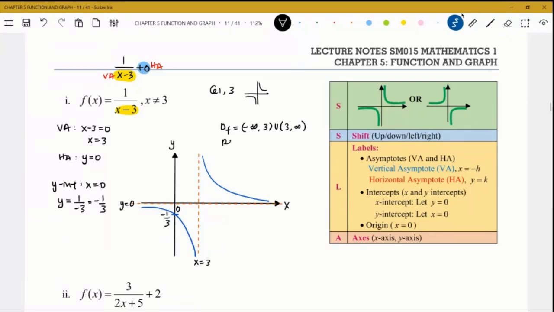And then for the range, from the bottom part up to y equal to 0, so negative infinity towards 0, union 0 towards positive infinity. So based on the vertical asymptote and horizontal asymptote, we can get the domain and range already.